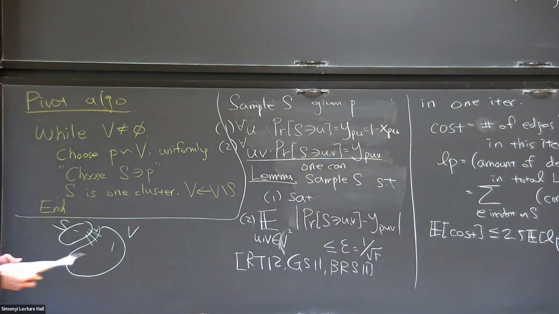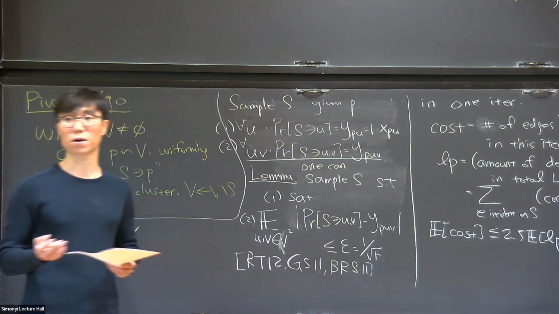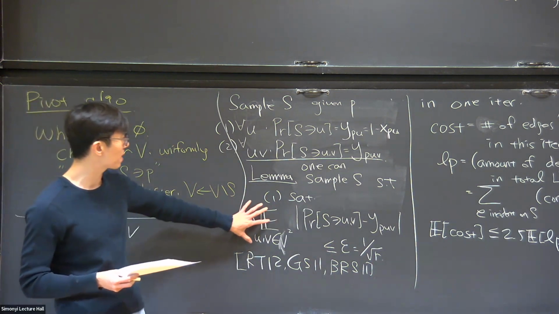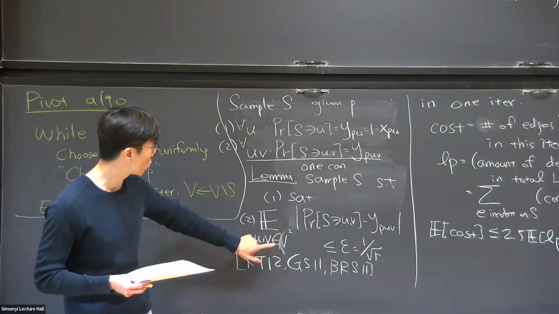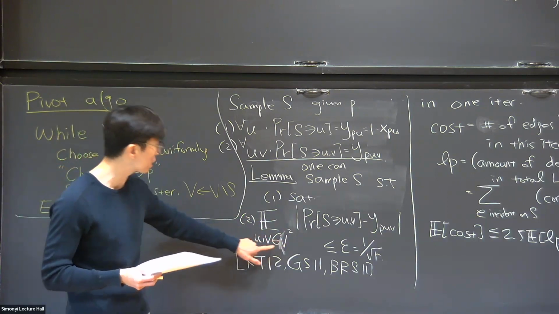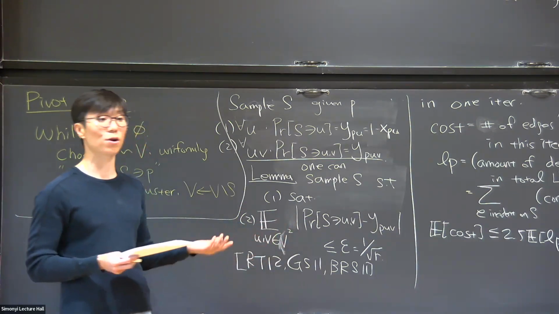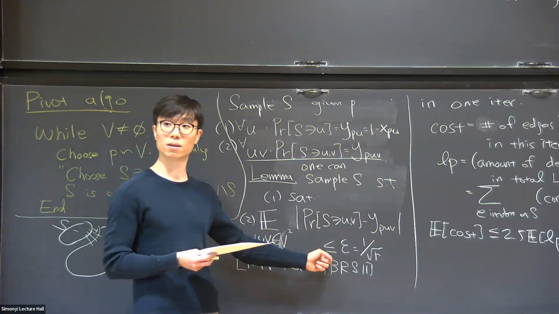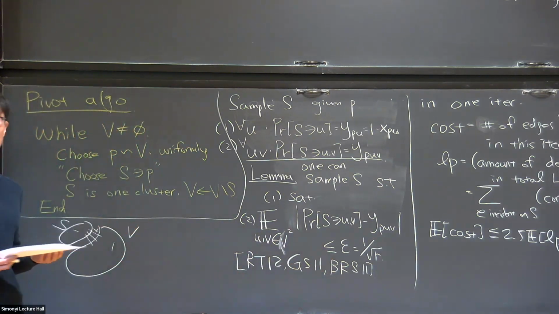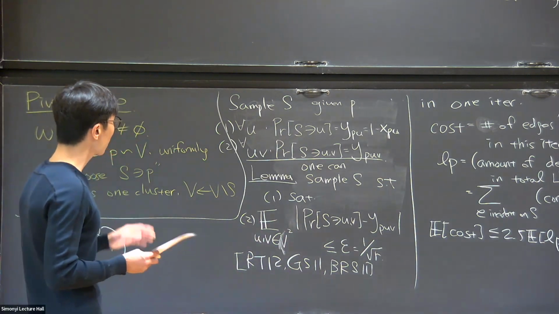One can see that if such a thing is possible, then one can immediately get a PTAS for max cut or any kind of CSP problem, because the crucial fact is that the expected error is n squared times epsilon. So if your instance is dense, it immediately implies the PTAS for CSPs.